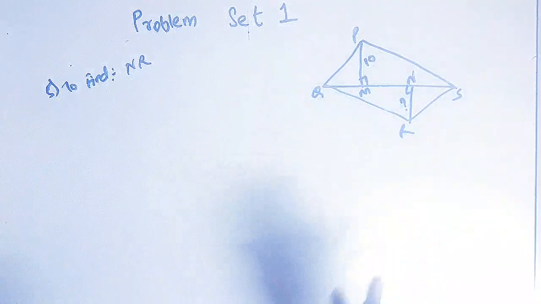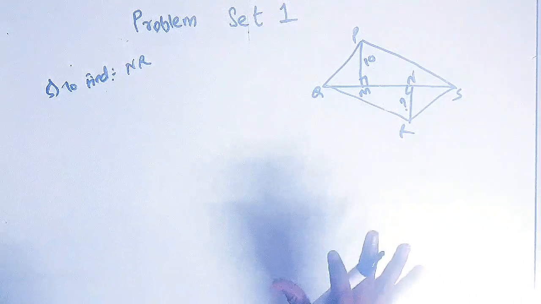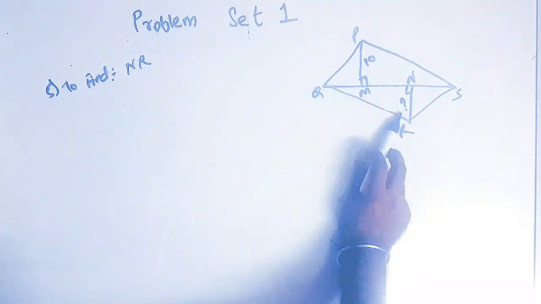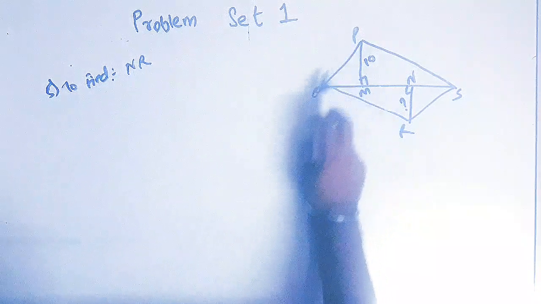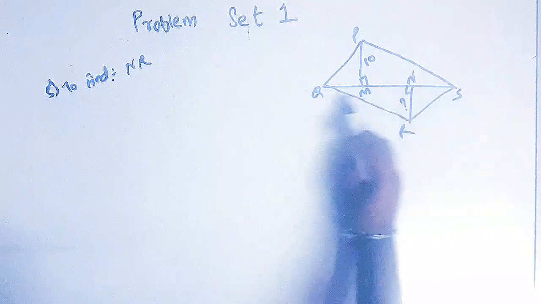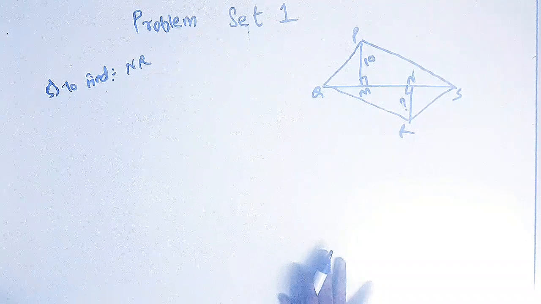So by observing you can make out that height of one triangle is given, we have to find the height of other triangle. What about the base of these two triangles, PQS and QRS? The base is same, QS. QS is the base of both the triangles. So when bases are same, their areas are equal to their corresponding heights.